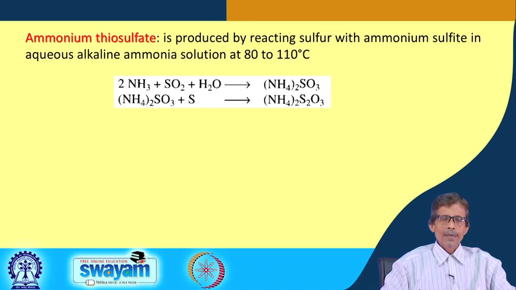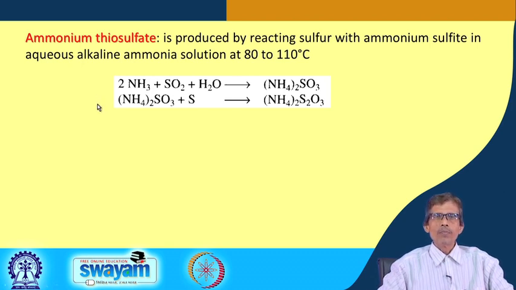So, the reaction is very simple. The first one is the formation of ammonium sulfide from the dissolution of sulfur dioxide in water and reacting it with ammonia, giving you ammonium sulfide. And that ammonium sulfide, when reacting with excess elemental sulfur, the sulfur in the zero oxidation state, gives you the S2O3 2 minus anion, that means the thiosulfate anion, giving you ammonium thiosulfate.